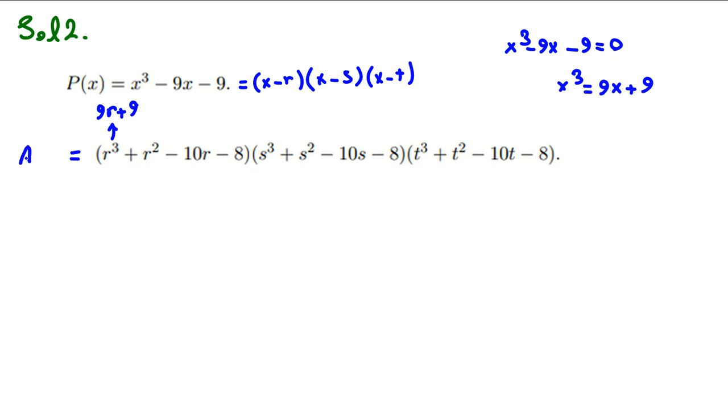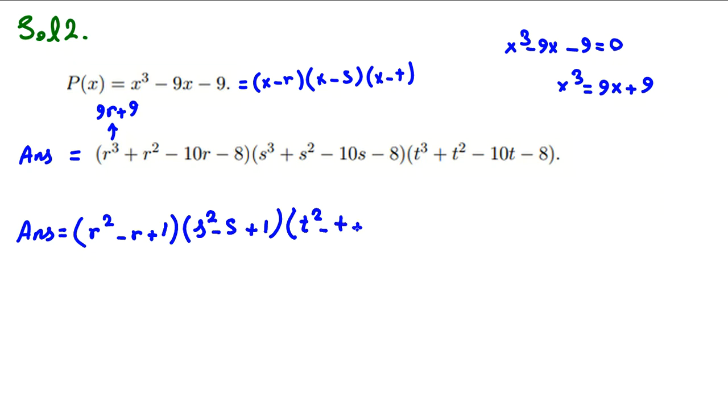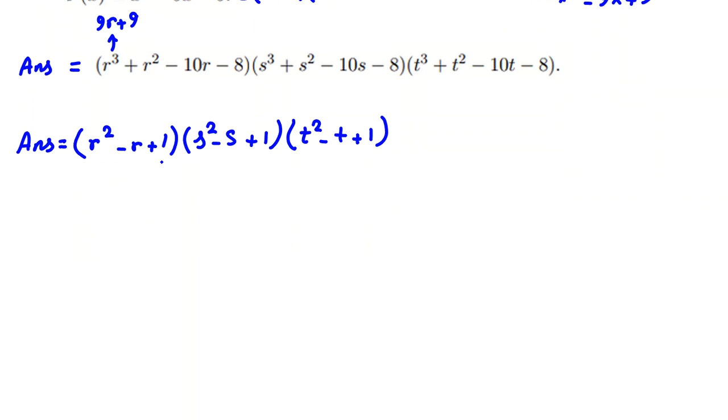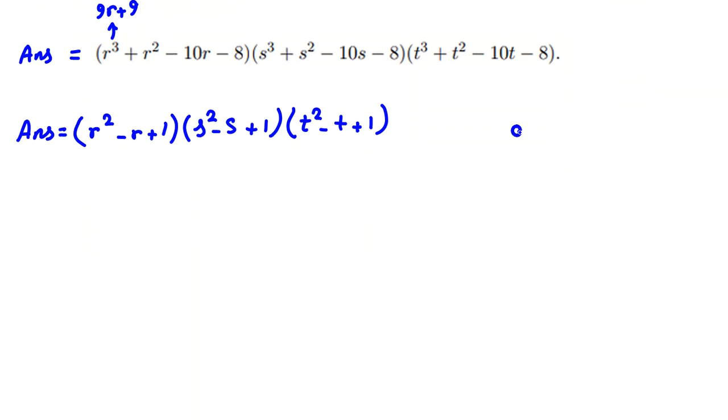So if we call, for example, our answer equal to r squared, 9r minus 10r is minus r, plus 9 minus 8 is plus 1. s squared minus s plus 1. t squared minus t plus 1. We want to calculate this. But when you see this, we have a famous identity that a cubed plus b cubed is a plus b times a squared minus ab plus b squared.